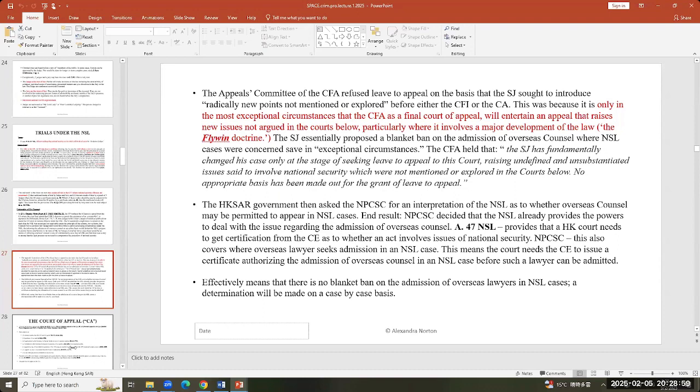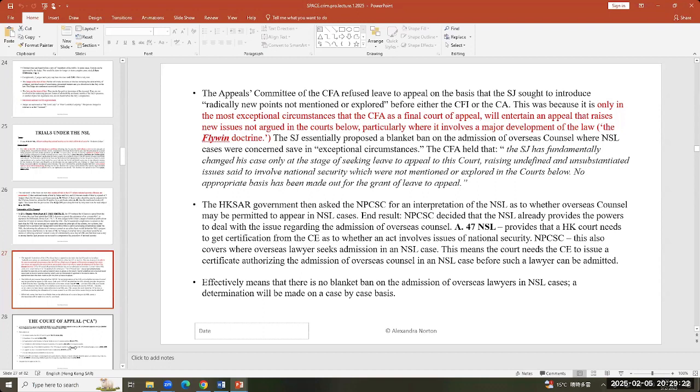So the takeaways from the NSL when it comes to trials in the CFI are two modes of trial. The general default is a jury trial, but the SJ can issue the certificate for trial by a panel of 3 judges. It's solely the SJ's decision whether to issue the certificate, and so far they always have.